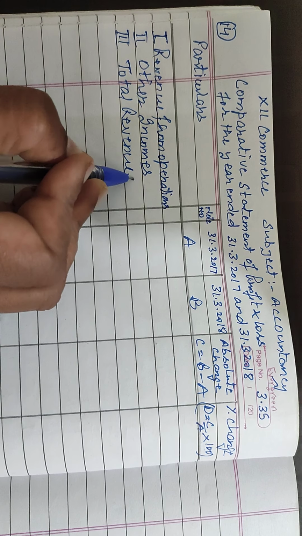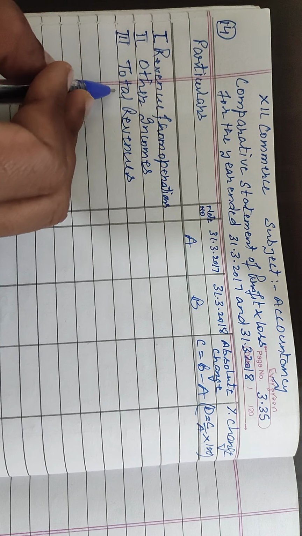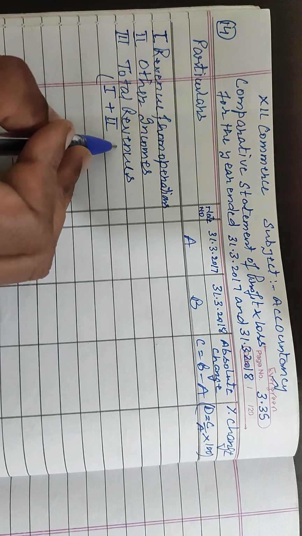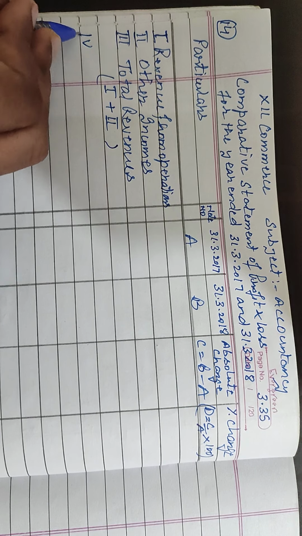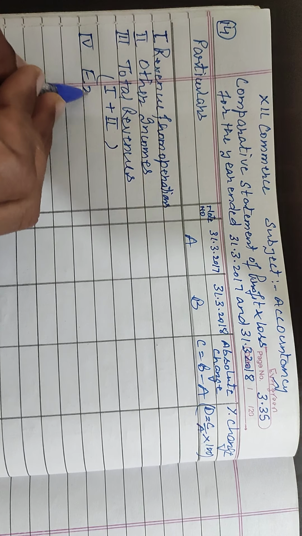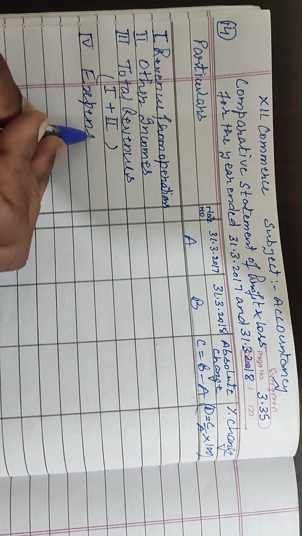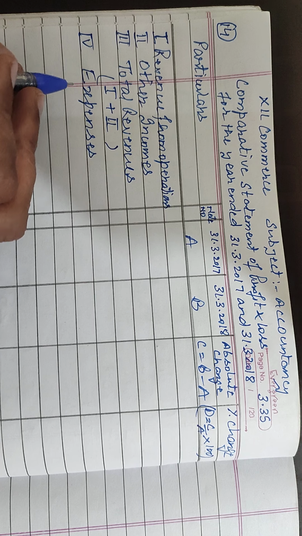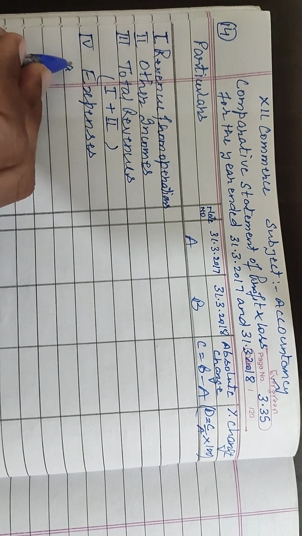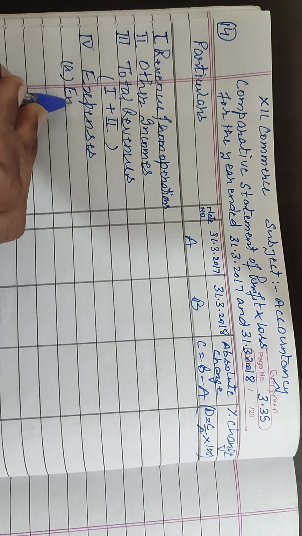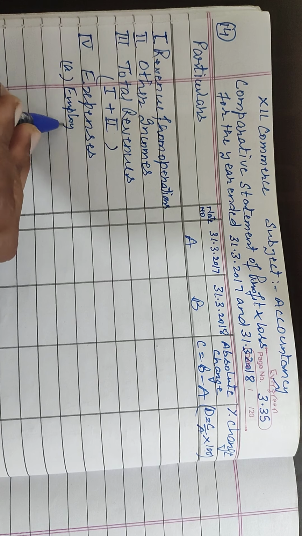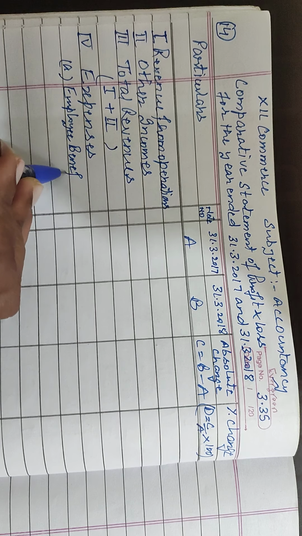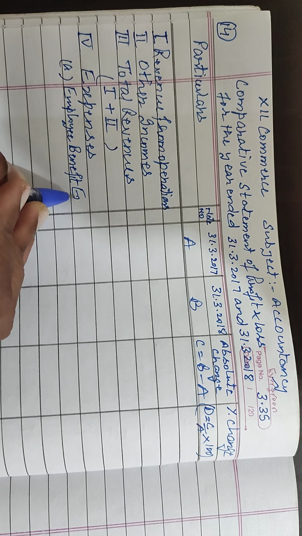Total revenues are calculated by adding the first with the second. The fourth item will be termed expenses. Under expenses, in the question only one expense is given, that is employee benefit expense.